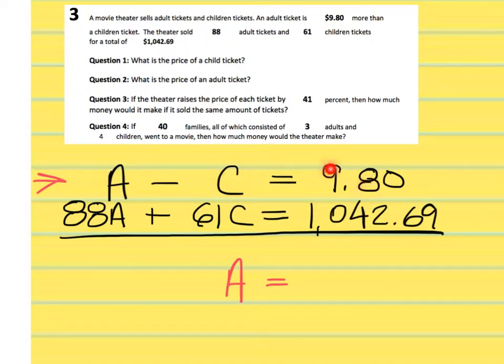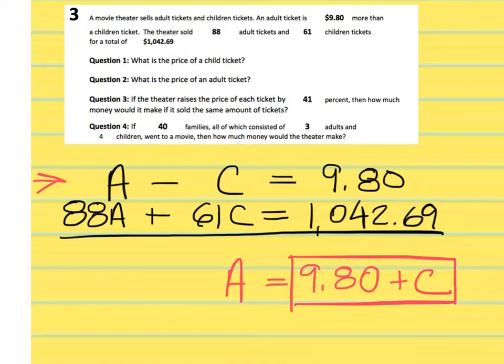And when I do that, it's going to be 9.80 plus C instead of minus C. I can plug this expression into this equation for A.